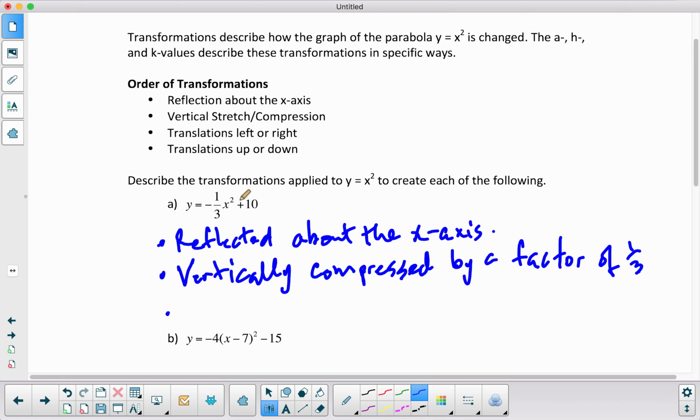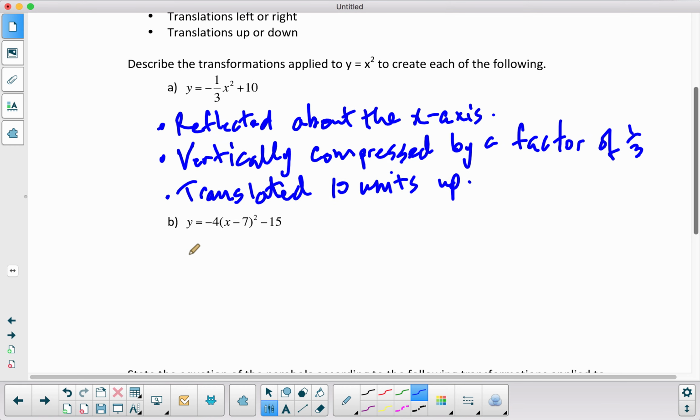Okay, and the last change or transformation is this plus 10 at the end, and we know that a number on the end moves the parabola up or down. If it's positive, it's going to move it up. Okay, one more.